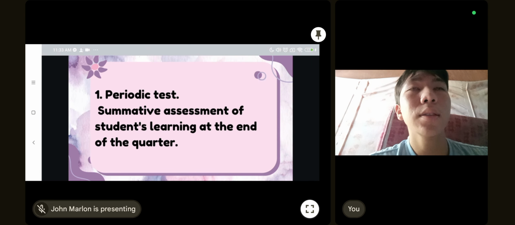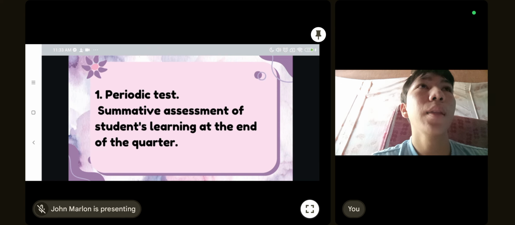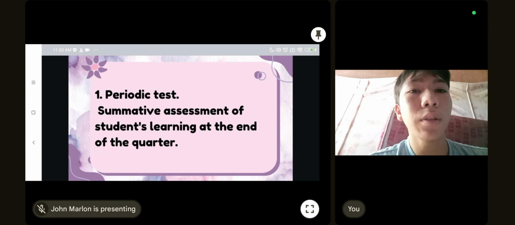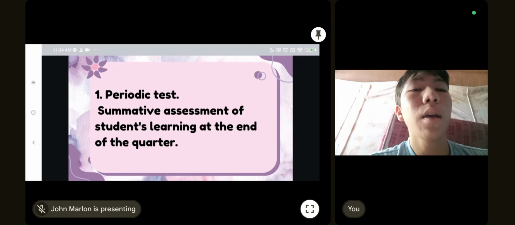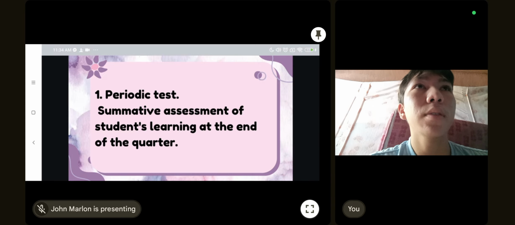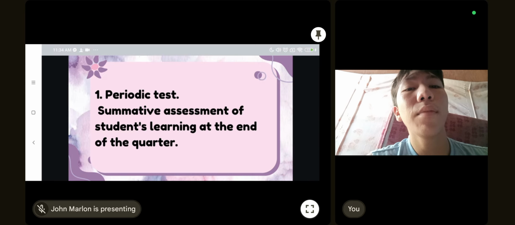Examples of periodic tests are the midterm or the final examination of the college student. Every end of the semester or the quarter, we have the periodic test.